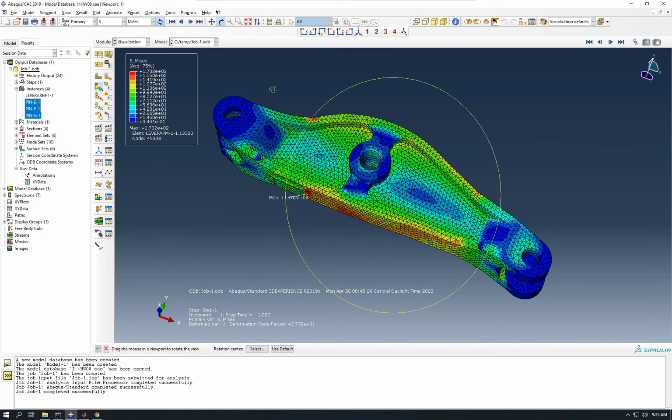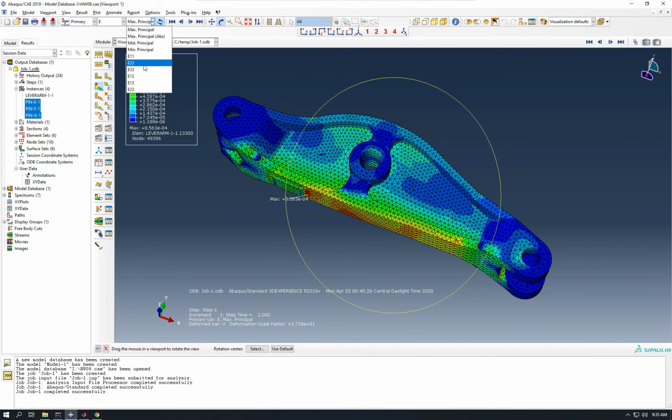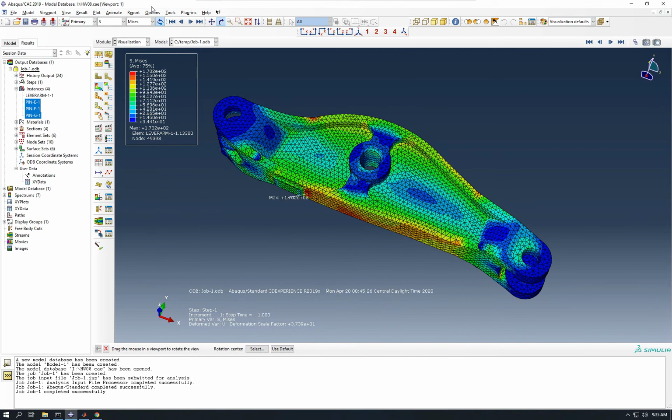Now to report the strain, you can see them here if you put on a strain and then pick any one you want. But a better way is to get all of them at the same time.